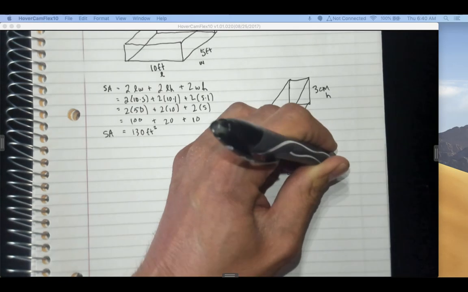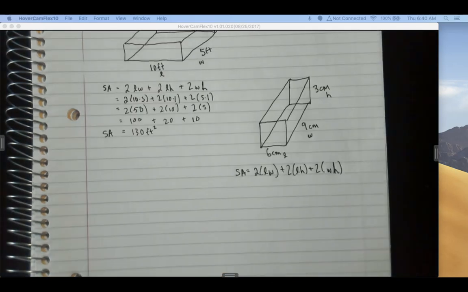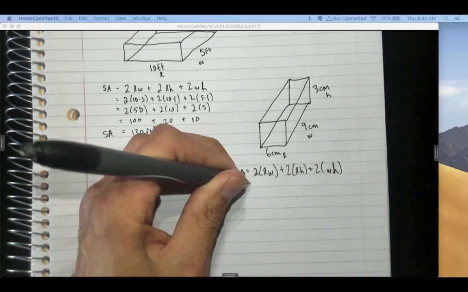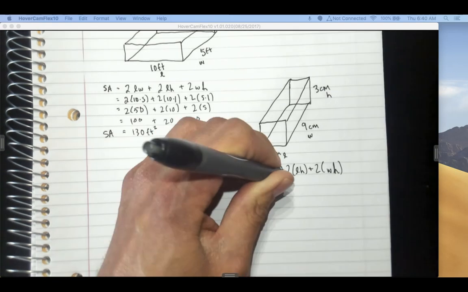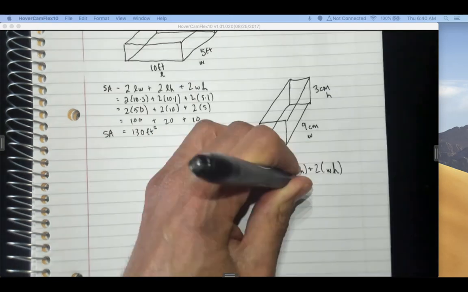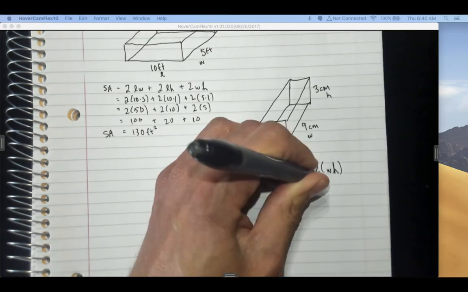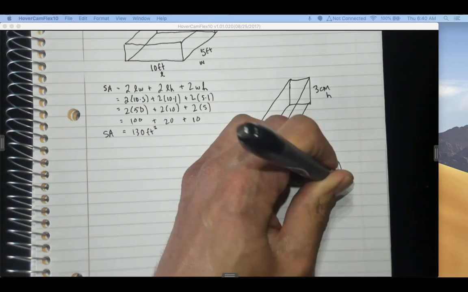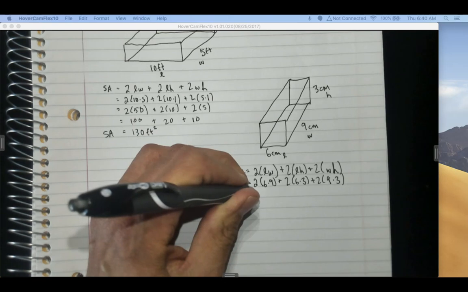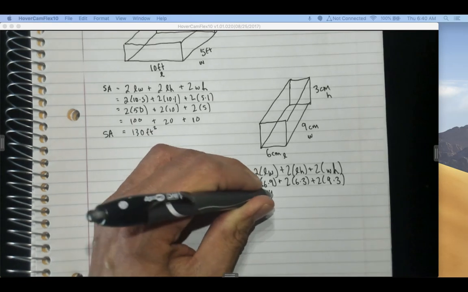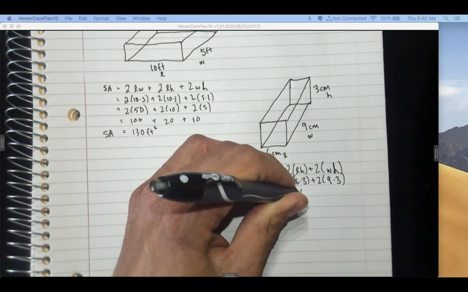So for this one, it would be 2 times 6 times 9 plus 2 times 6 times 3 plus 2 times 9 times 3. Okay? Or that would be the same as 2 times 54 plus 2 times 18 plus 2 times 27.